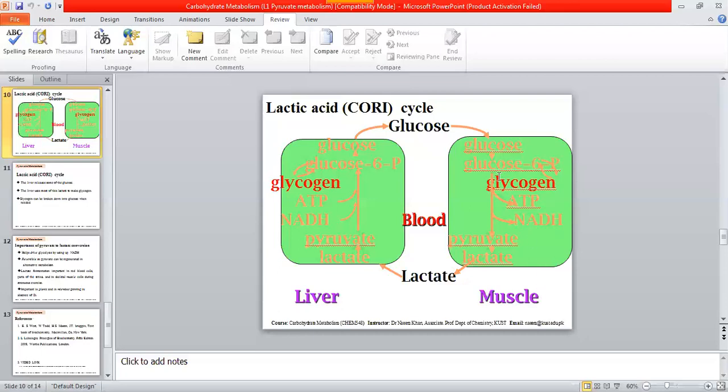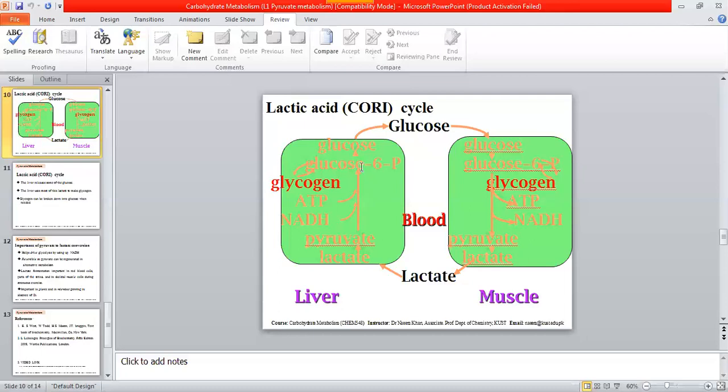However, under normal conditions, this glucose 6 phosphate is converted to pyruvate, which was our last lecture, and in today's lecture we converted pyruvate to lactic acid. Now this lactic acid passes to the blood and reaches the liver, where it is converted back to pyruvate, then to glucose 6 phosphate and then to glucose.